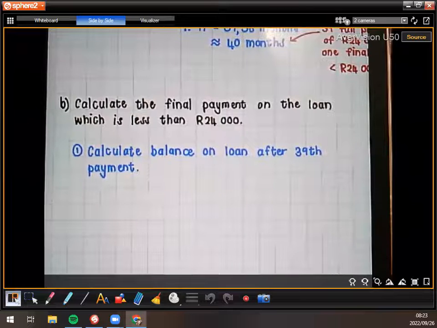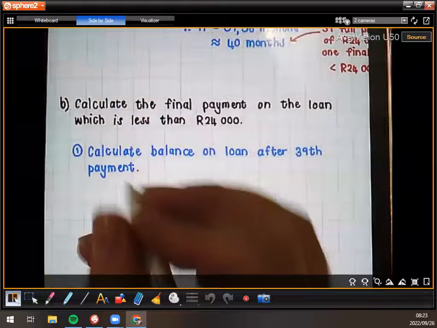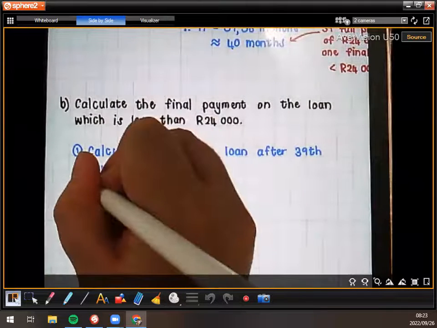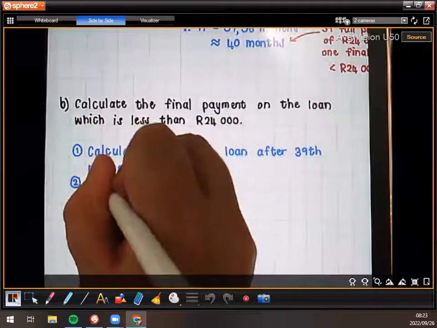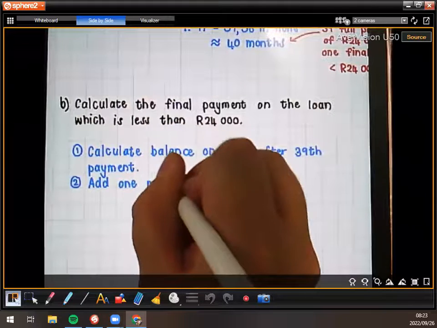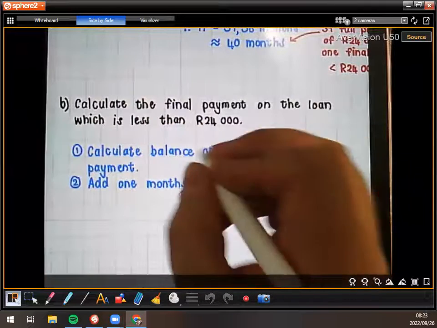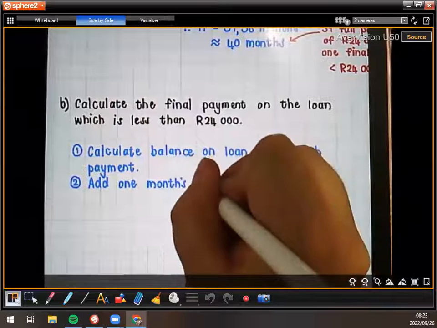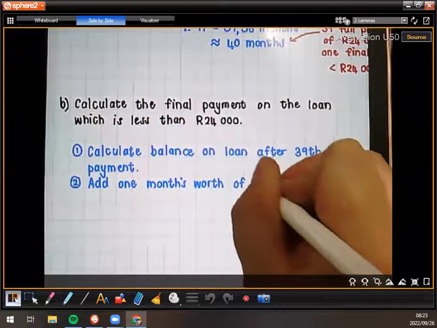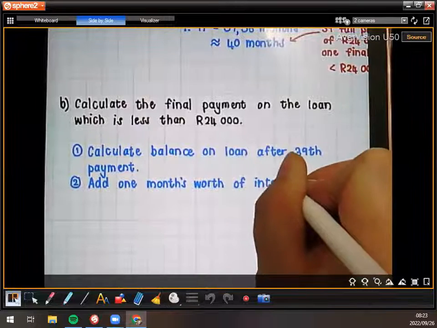They're only going to pay it in a month's time. So we're going to then add 1 month's interest to that. So that's step 2, add 1 month's worth of interest to that balance.